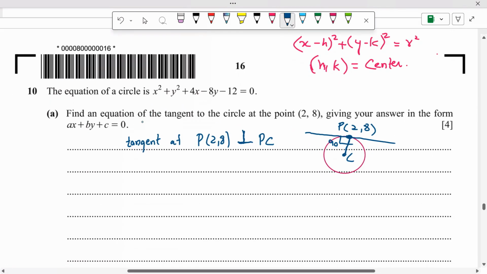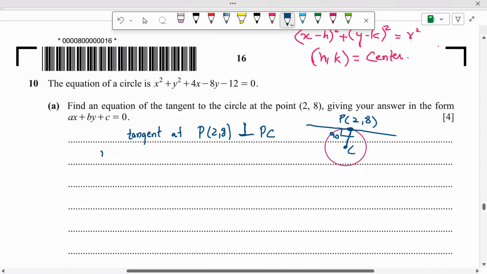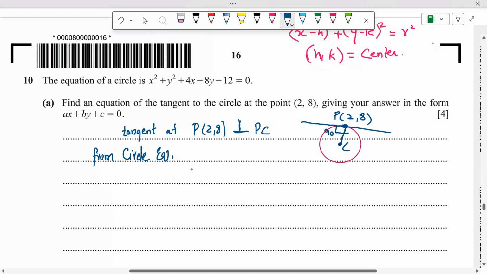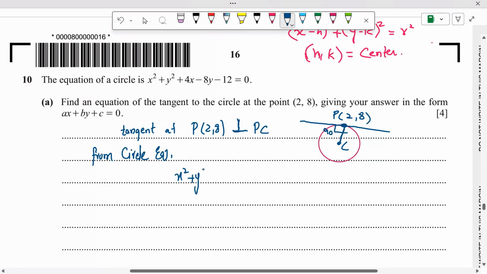First we find the center of the circle. From the circle equation, we have x² + y² + 4x − 8y − 12 = 0.